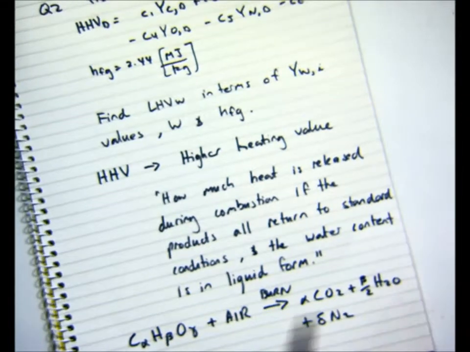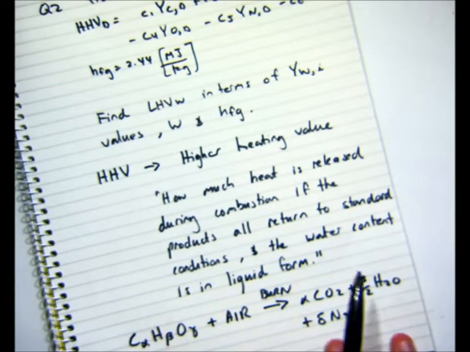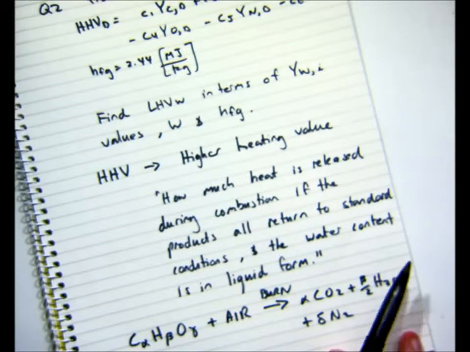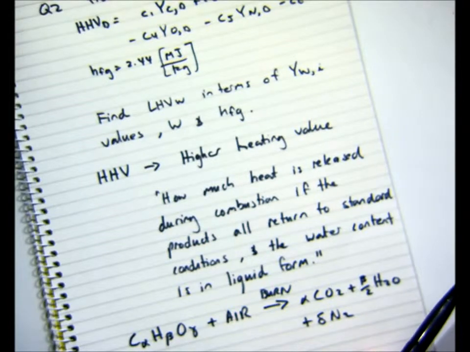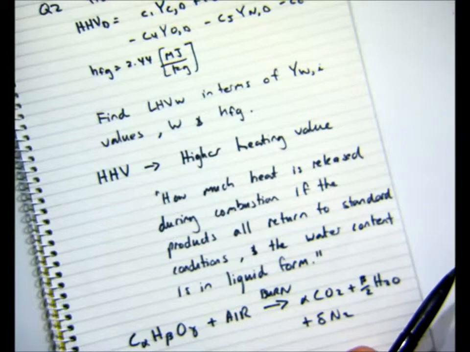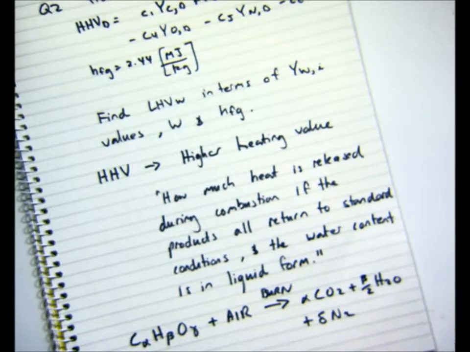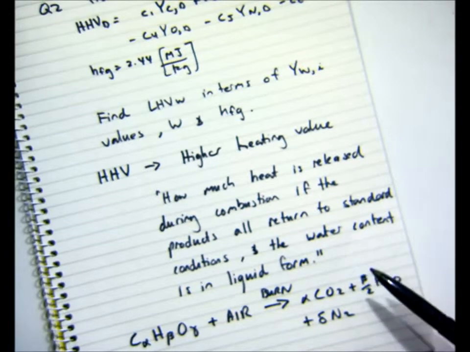And what you're doing is, you're comparing the enthalpy before and after, and you're saying that the difference in enthalpy is the heat released, because that energy has to have gone somewhere. You start off with chemical energy in all of these bonds, you rearrange those bonds to get the product gas, but then there's a net loss of chemical energy, and that's gone to heat. And that heat is the heating value that we're talking about.